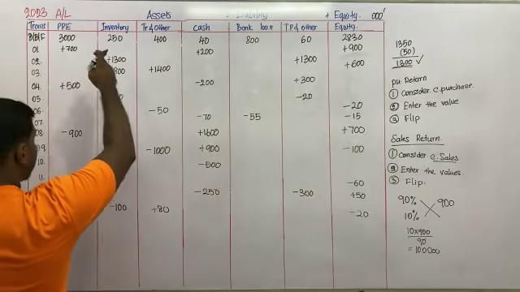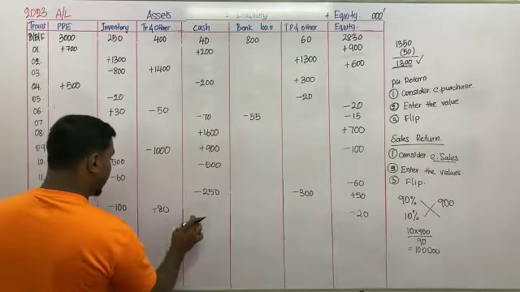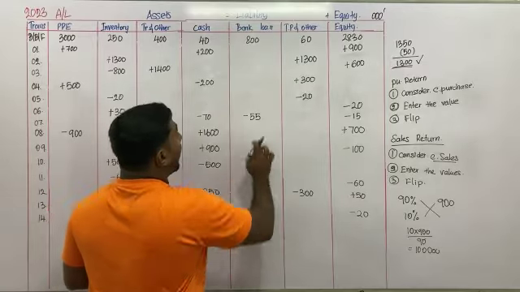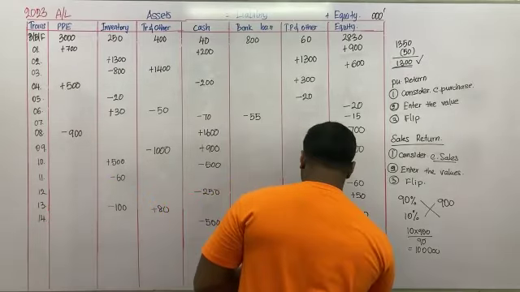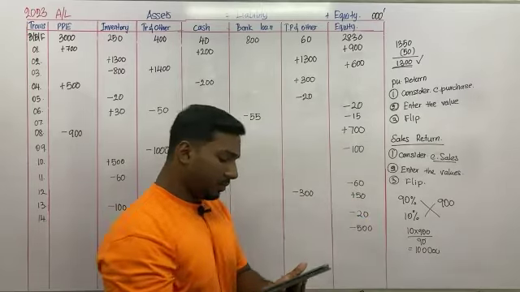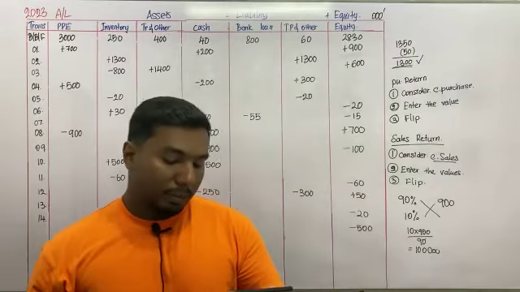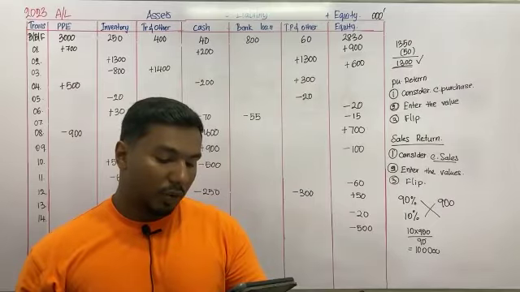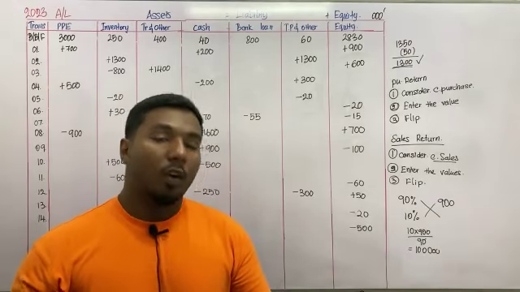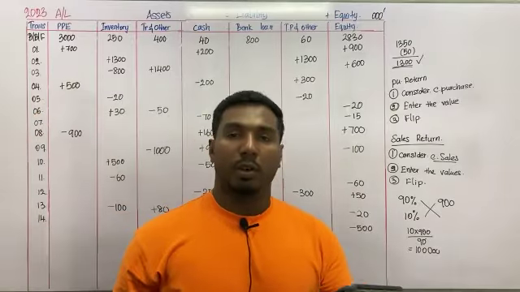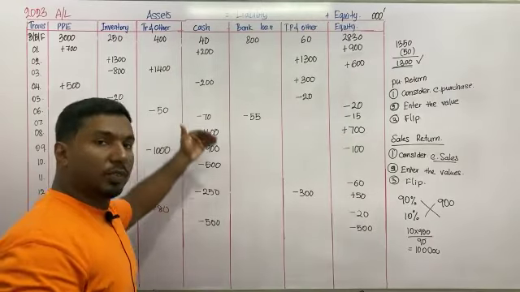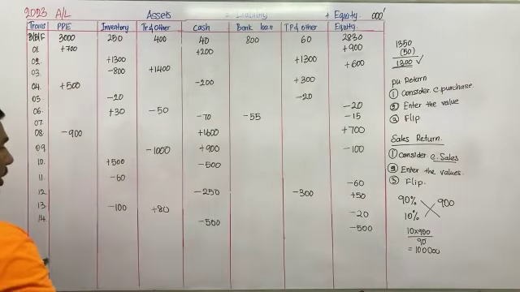So operating expenses 500,000 paid, which means cash 500,000, expenses minus 500,000. Transaction number 15. Depreciation of 20,000 was provided for the property, plant and equipment for the month of April 2023. So actually we are doing the accounting equation for the month, so no need to worry.